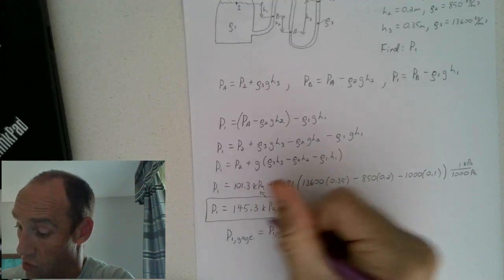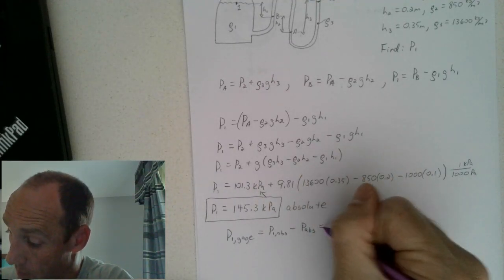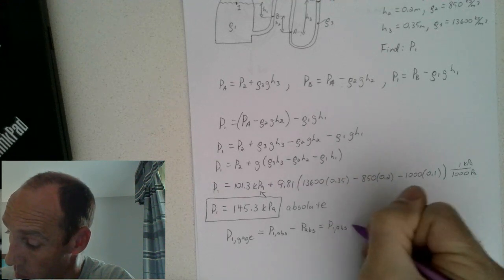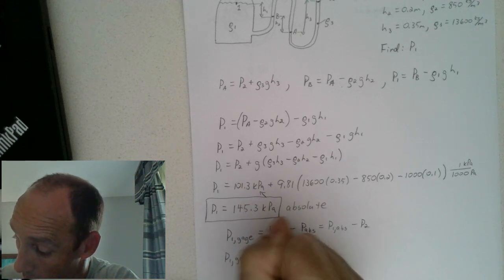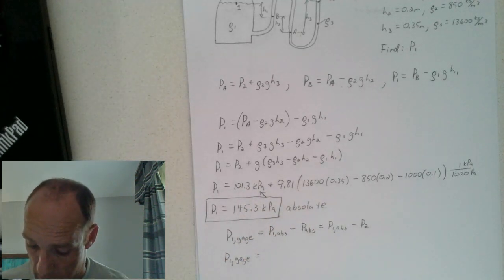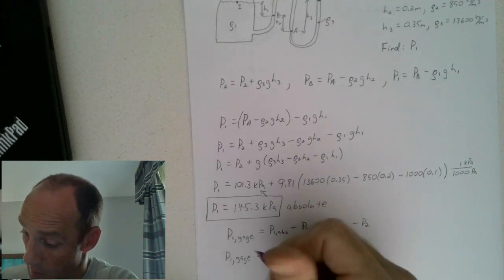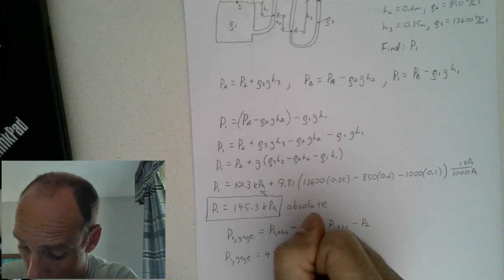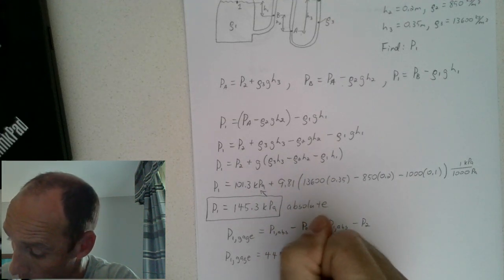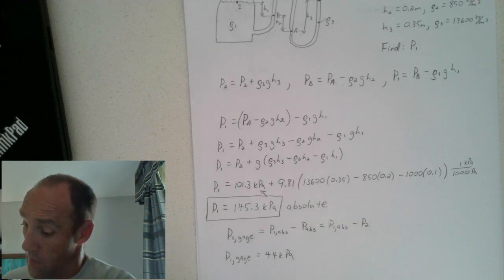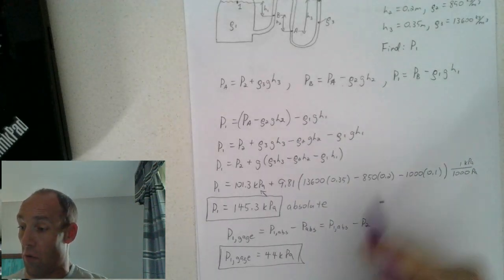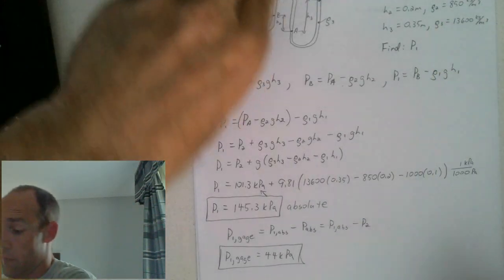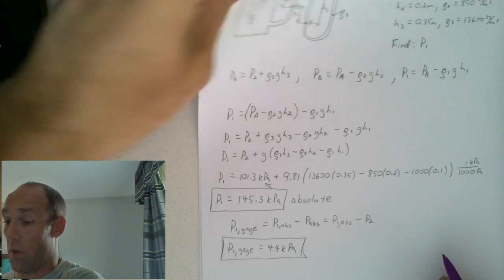But the atmospheric pressure is just P2. So for the gauge pressure, I just subtract off P2 and get the gauge pressure, 44 kPa.